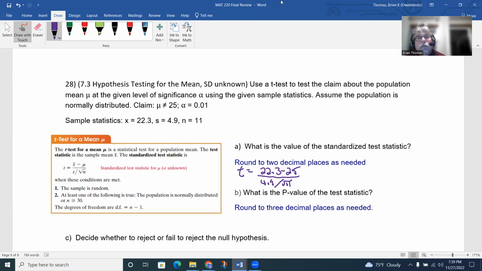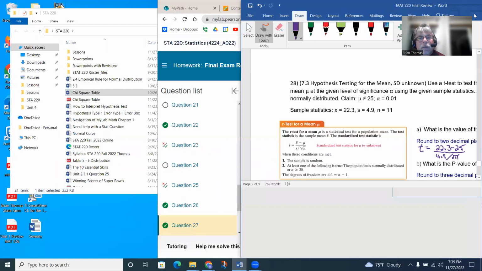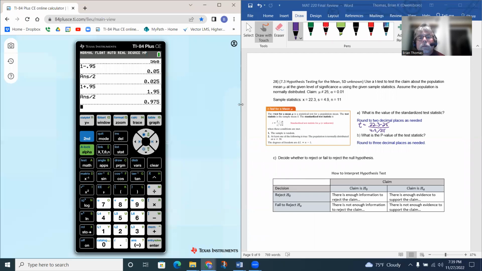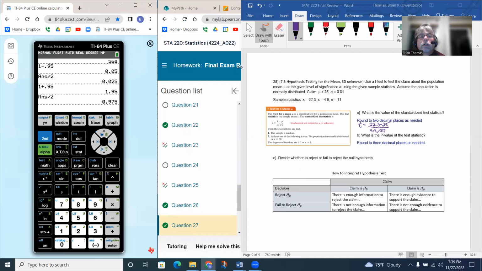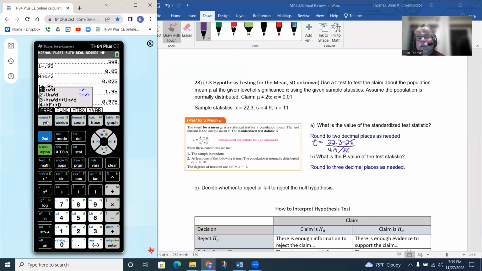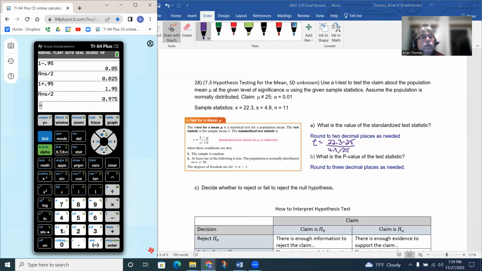So again, I'm using my calculator. I'm using the alpha F1 button, and the top is going to be 22.3 minus the mean, which is 25.